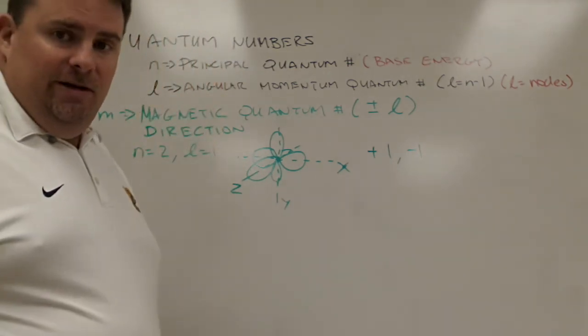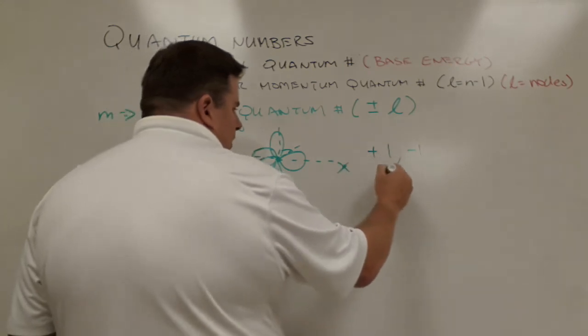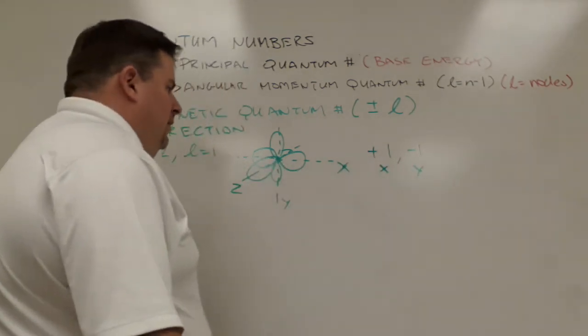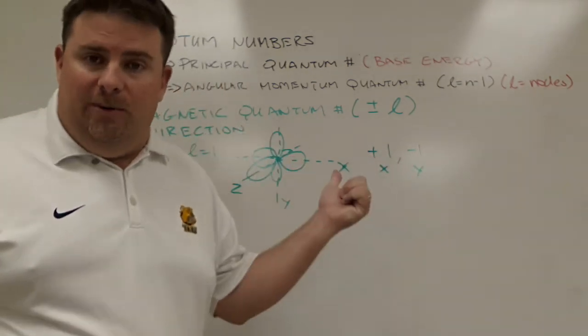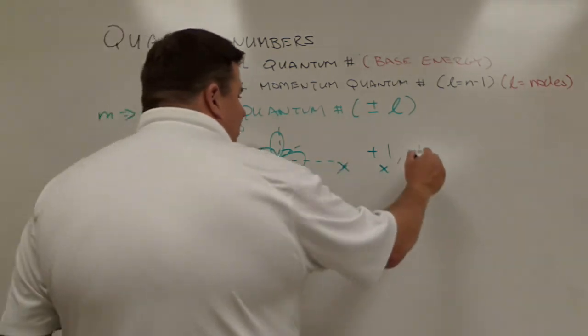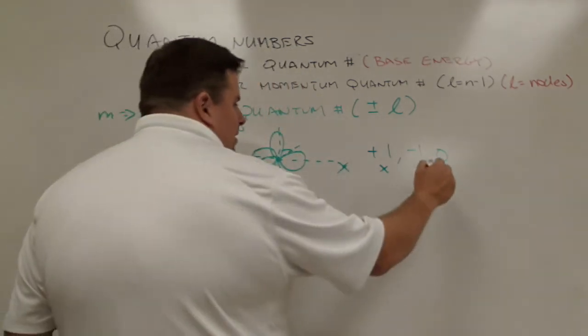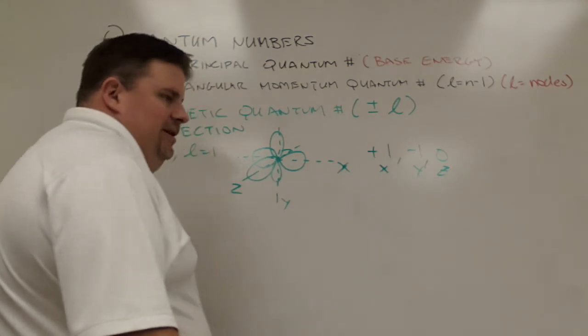Each one of these is telling me that there's one of them that exists. So x is going to be plus 1 and y is going to be minus 1. How am I going to represent z? What number am I missing? Well, it's an integer range between each one of those. Don't forget that 0 is in the middle of those. So x, y, and z are all represented there.